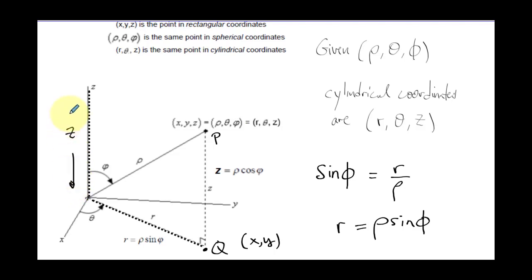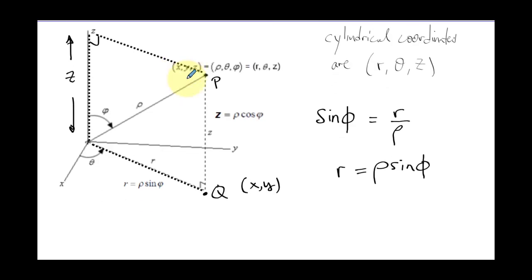If this is z, well then again I have a right triangle, and to find z, I could say that the cosine of phi is the adjacent over the hypotenuse. And that's where I get z is rho cosine phi.